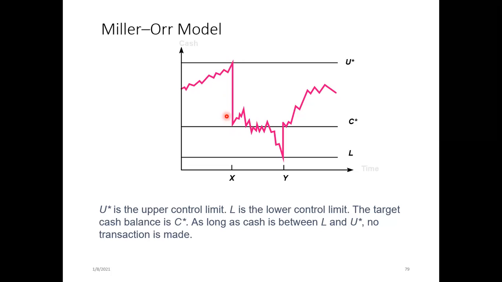They will put the money into a fixed deposit, or buy treasury bills or other marketable securities, in the amount of 70,000, and the balance becomes 30,000. Again the management will allow the cash to move between the upper limit and the optimum limit.